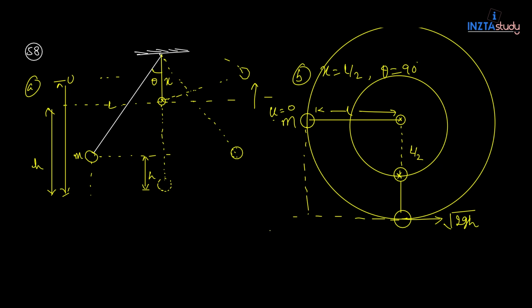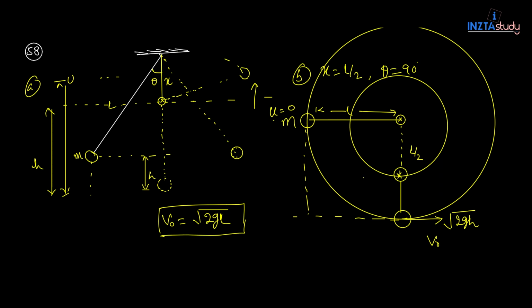Let's say the velocity is v0. So it is gaining a velocity of root under 2g into h, where h is L. So it is root 2gL. This is the velocity which this bob is gaining at this location.